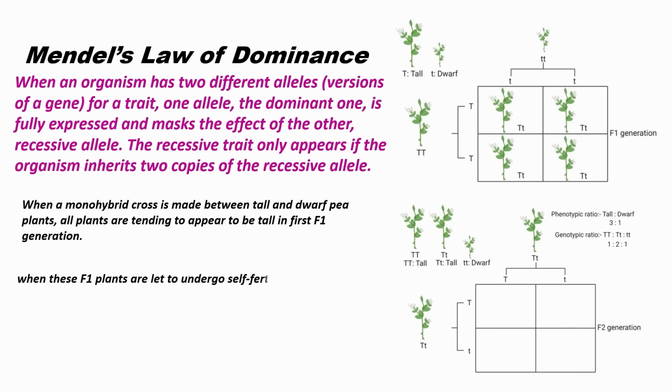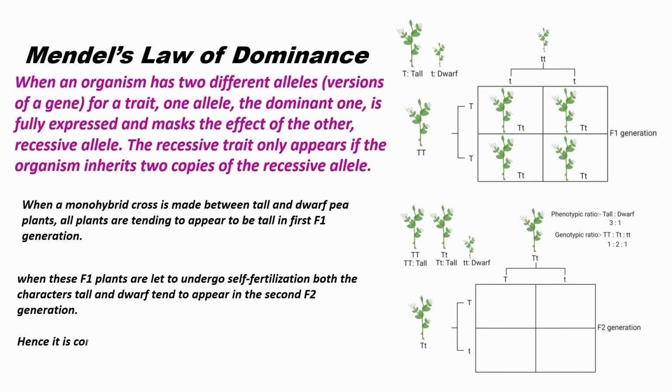When these F1 plants are allowed to undergo self fertilization, both the characters, tall and dwarf, tend to appear in the second filial generation. In the second filial generation, 75% of the plants are tall and 25% of the plants are dwarf.